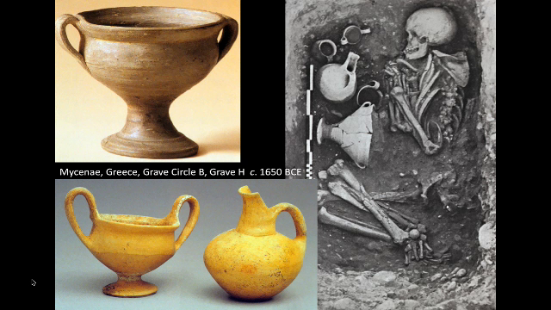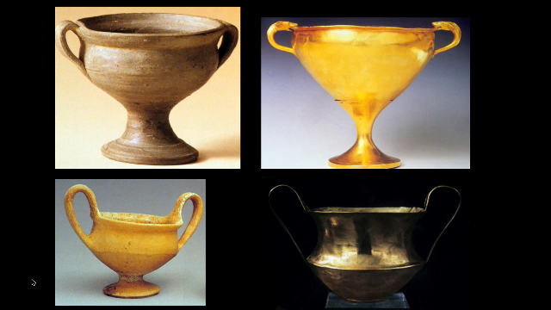How is it that we get these dates? We get the dates by the style of the pottery. This style of pottery, which we know from other Middle Helladic sites, places Grave Circle B in Middle Helladic 3 to Late Helladic 1. So about just before the middle, down to the middle of the second millennium. At other sites, we have vessels of this shape. These are the vessels from grave Eta. These are the vessels from grave Gamma.